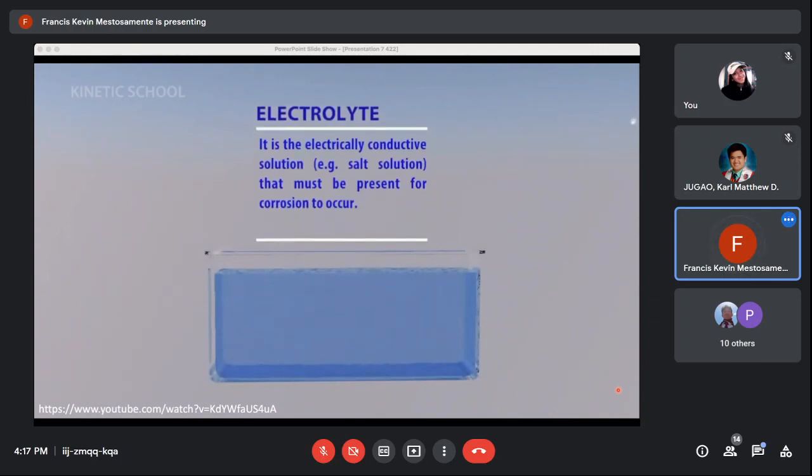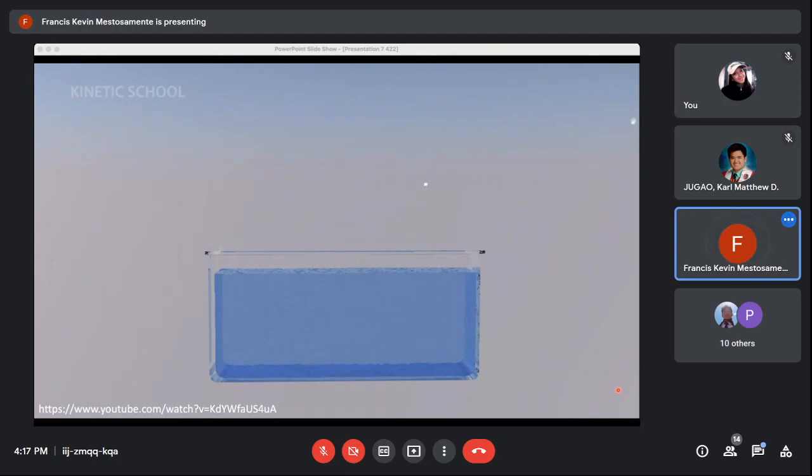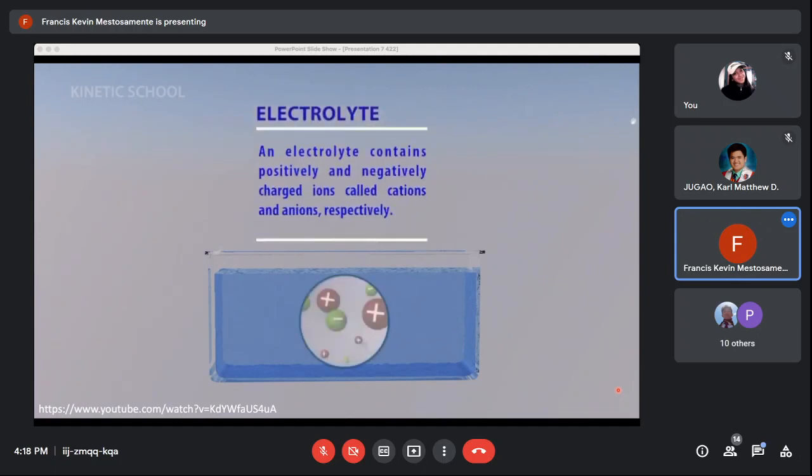Electrolyte. It is the electrically conductive solution that must be present for corrosion to occur. An electrolyte contains positively and negatively charged ions, called cations and anions, respectively.